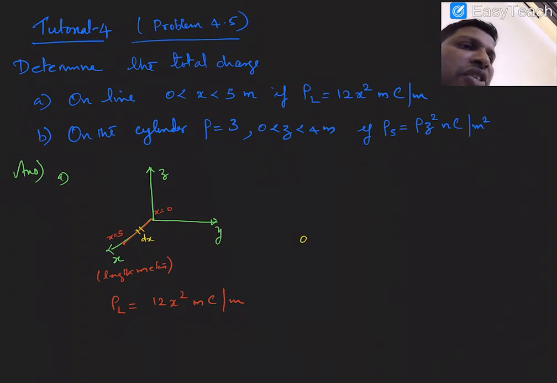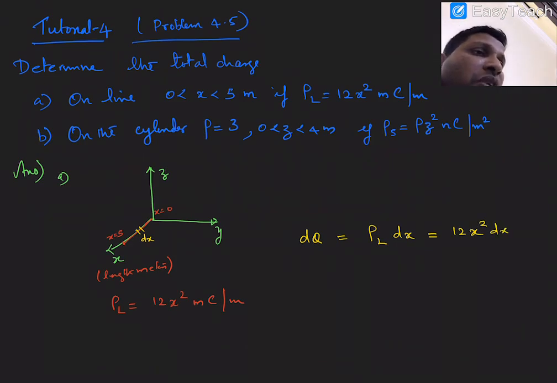The charge dq is given as the line charge density multiplied with dx, or it is nothing but 12x square into dx, because the line is placed along x. That's why we are using dx. So the total charge q is given as integral dq, over x changing from 0 to 5, or in general over the line.